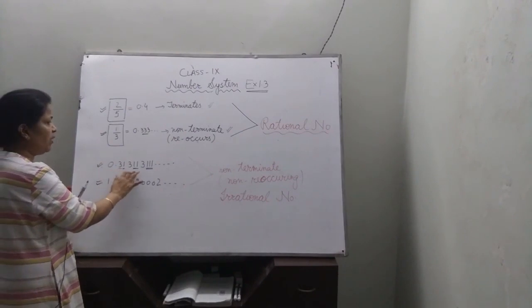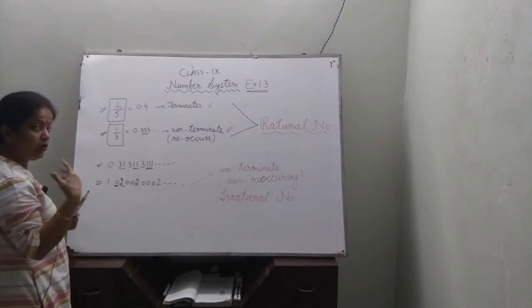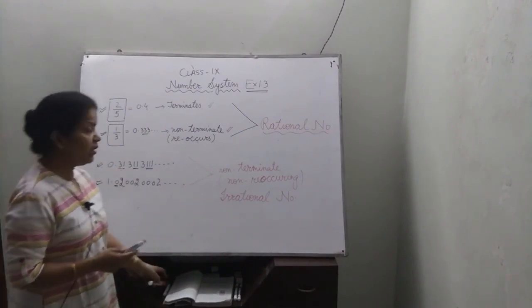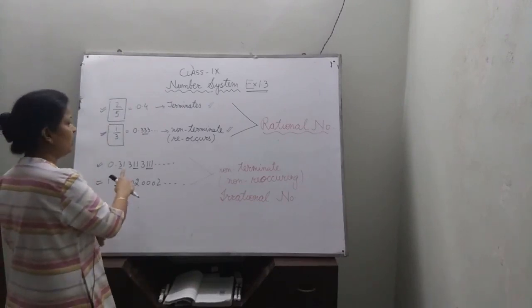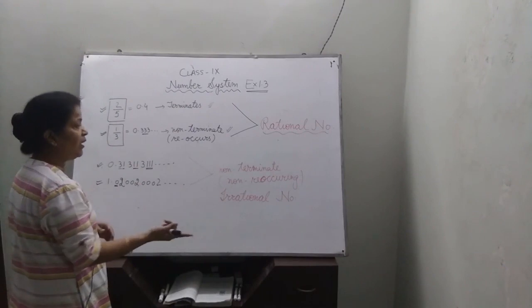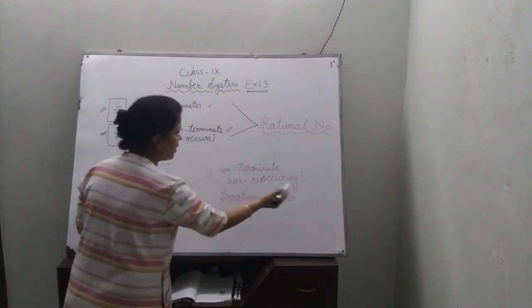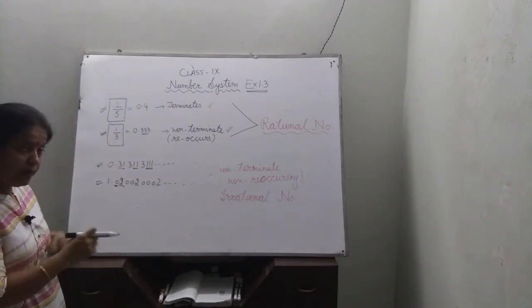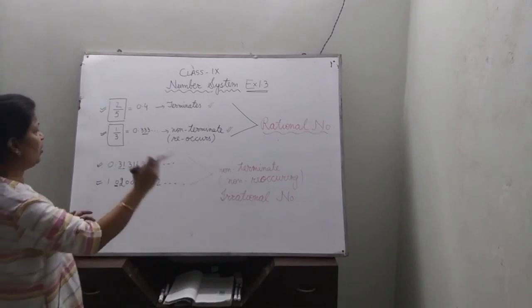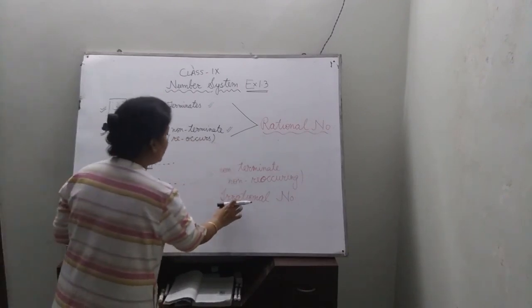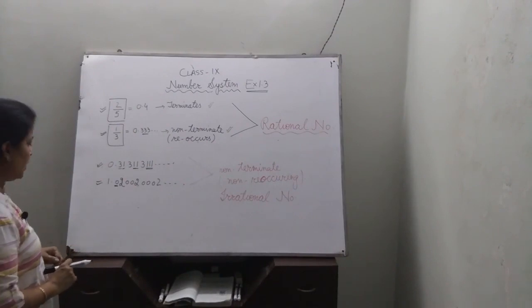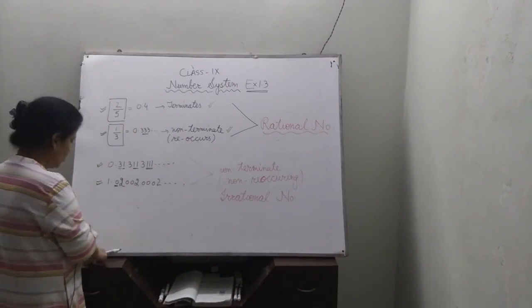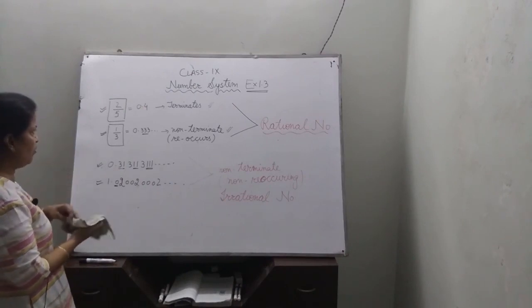And where the decimal expansion does not terminate, means वो कहीं पर रिमाइंडर उसका 0 नहीं आ रहा और वो रीअकरिंग भी नहीं हो रहे हैं, नॉन रीअकरिंग नंबर्स, वो बार बार रिपीट नहीं हो रहे हैं, it goes on increasing and increasing, that type of numbers are irrational numbers. Now I think these two concepts are clear to all of you.